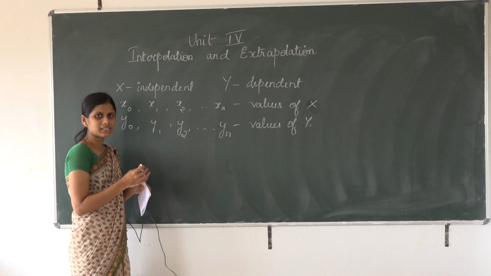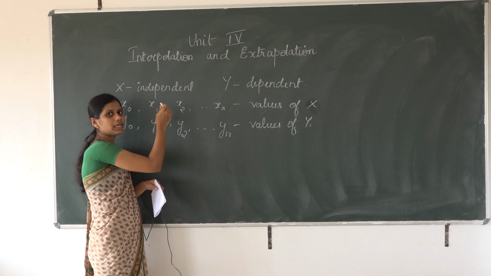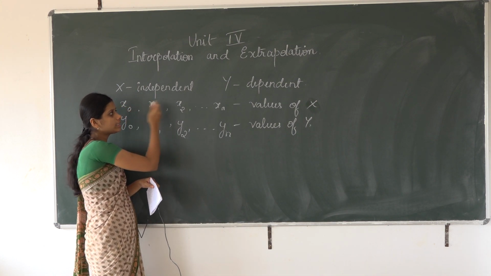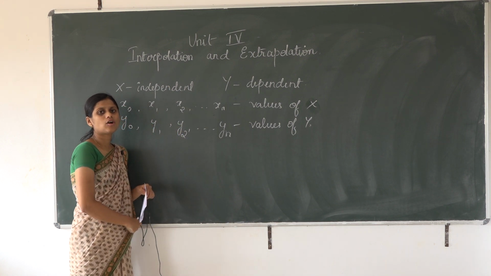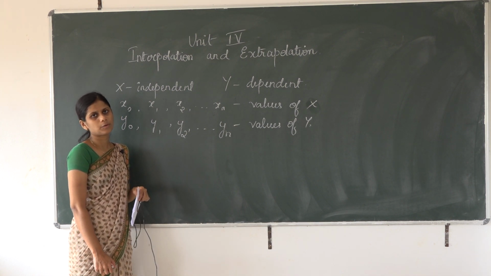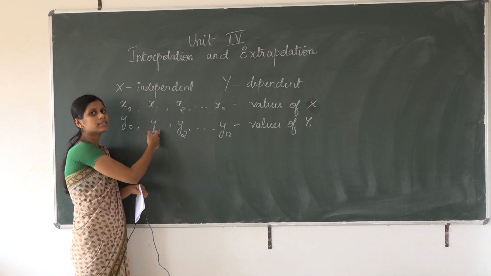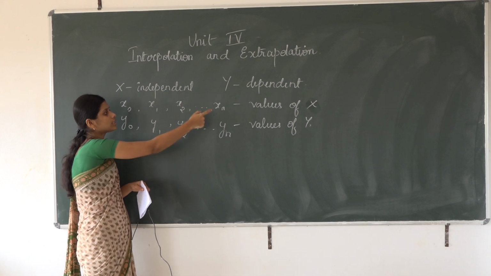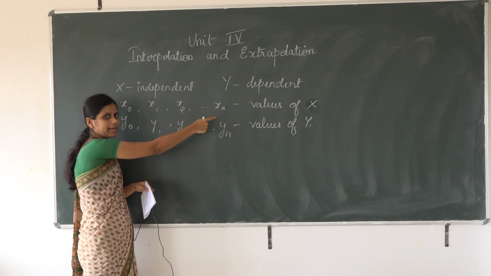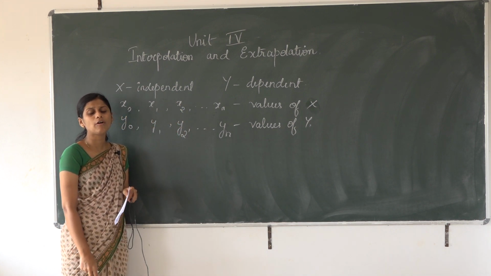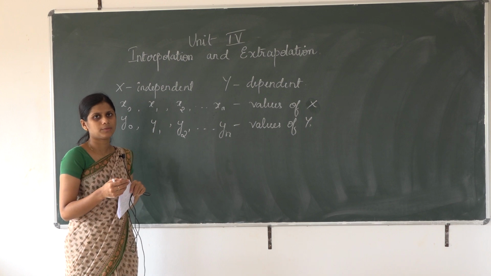Now, if you want to estimate the value of y for a value of x which lies within this range, that is within x0 to xn, then it can be estimated with the help of interpolation. Whereas if you want to estimate the value of y for a value of x which is outside the range of given data, that is outside the range of x0 and xn, then it can be estimated with the help of extrapolation. So this is the meaning of interpolation and extrapolation.